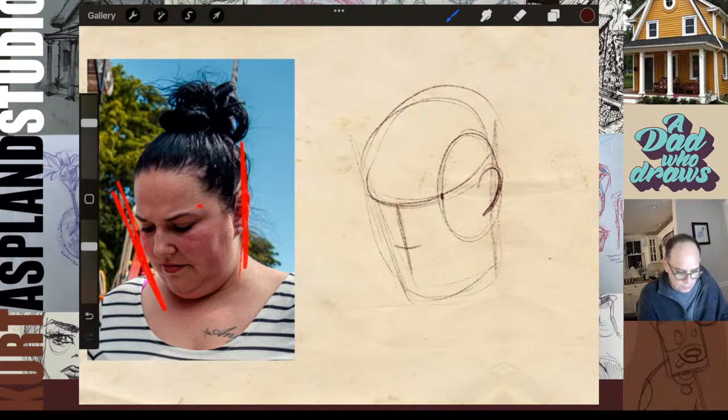And then I could even drop in her mouth, which is just a little bit lower. And then I could drop in the ball of the mouth. It's going to be right about there. All right.